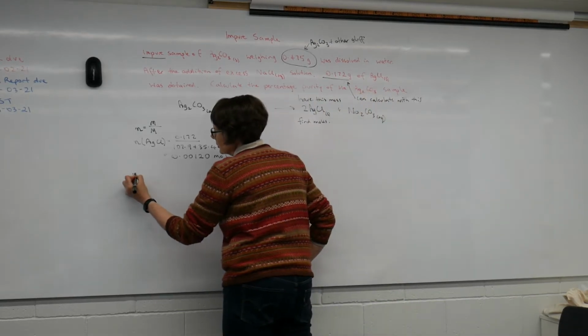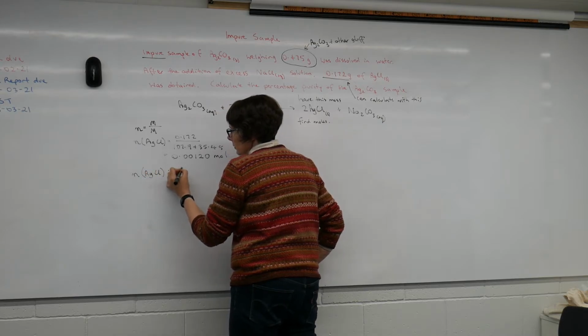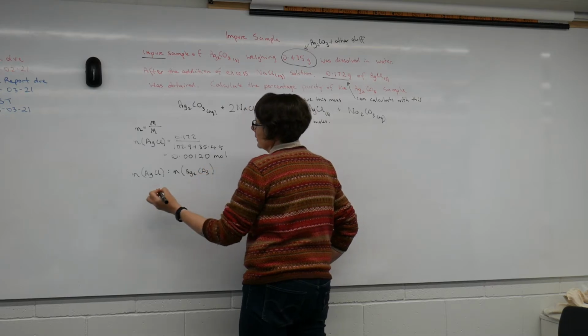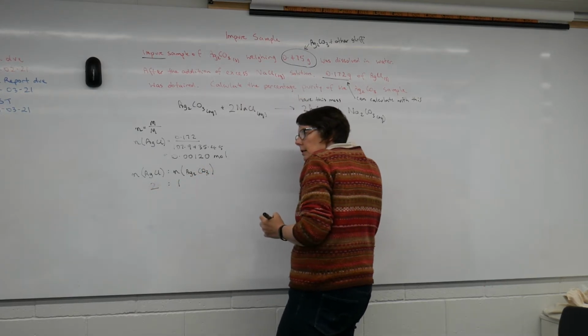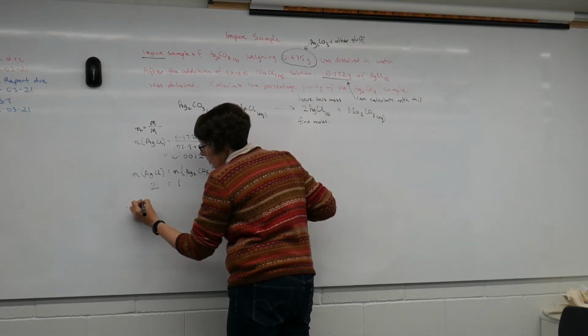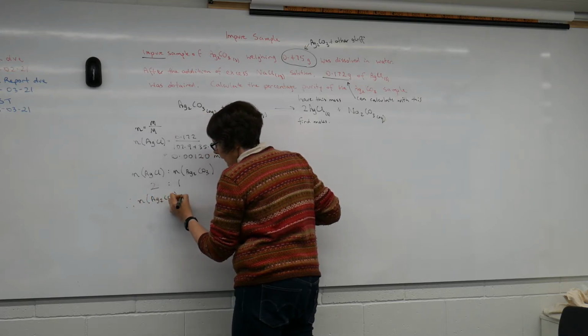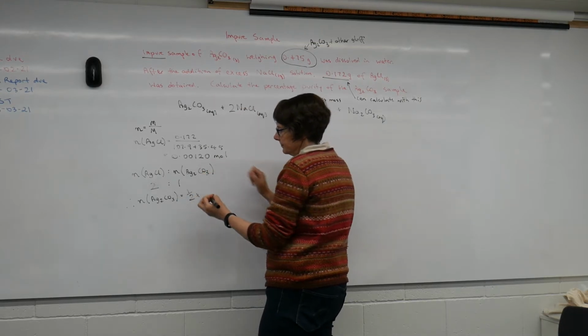So my moles of silver chloride to silver carbonate is 2 to 1. So therefore, my moles of silver carbonate is going to be 1/2 times that.